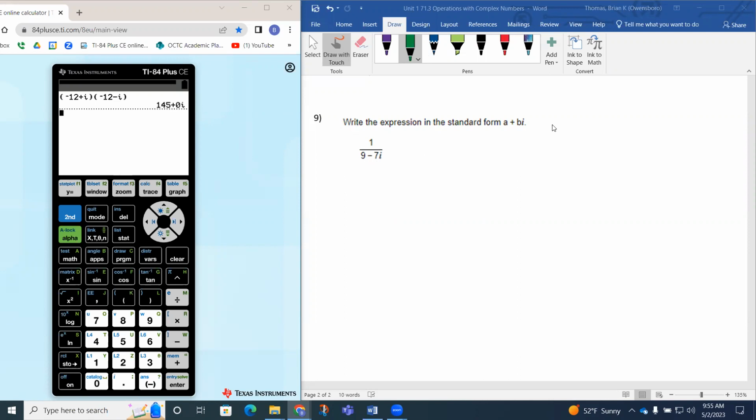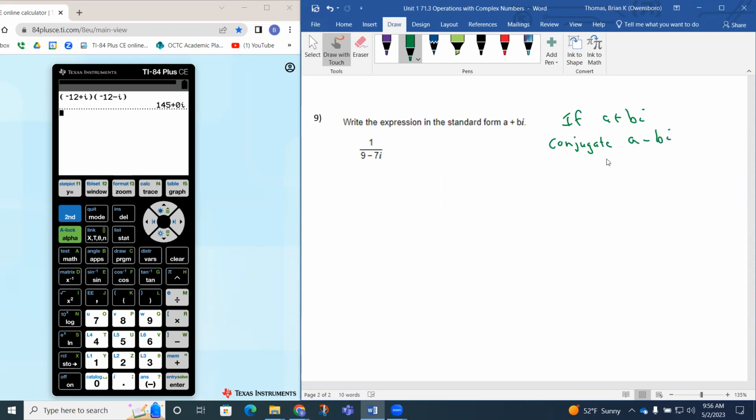So one of the things is if you multiply by the conjugate, so if I have a plus bi, the conjugate is going to be the same thing except for a subtraction sign. There's going to be this a minus bi.